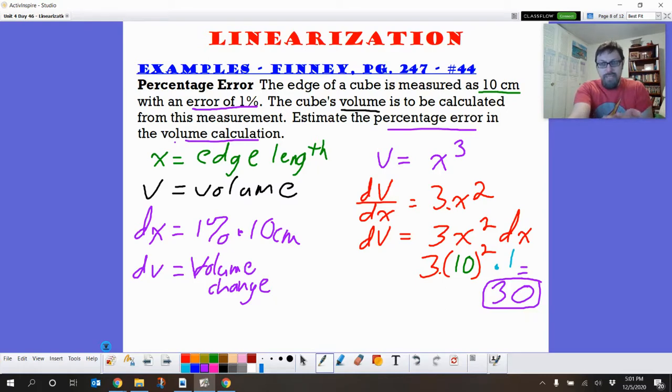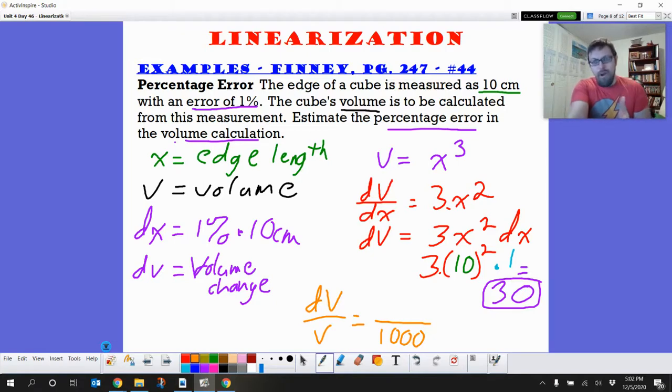But 30 what? What is the original volume? If I just know it's off by 30, that could be a little if it's 1,000,000 cubic centimeters, or it could be a lot if it's only 20 cubic centimeters. So how big is my original cube? I want to figure out dV over V. My original cube is x cubed, and I've got a 10 centimeter edge, so the original volume, if I had done everything perfectly, would have been 1,000. 10 times 10 times 10.